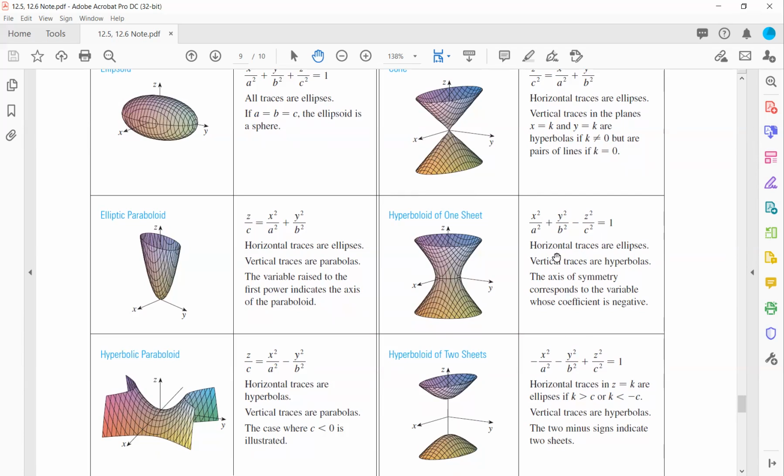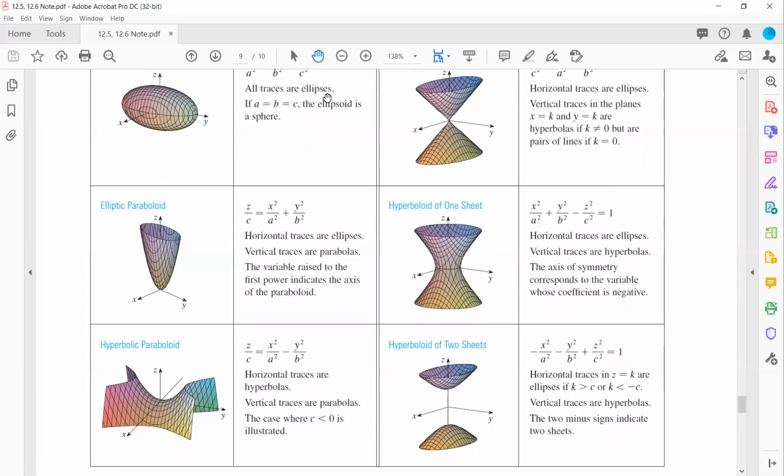So if you compare these two equations, x and y have positive signs, z has a negative sign. For hyperboloid of two sheets, x and y have negative signs and z has a positive sign. And finally, we have the hyperbolic paraboloid, which is like a saddle.